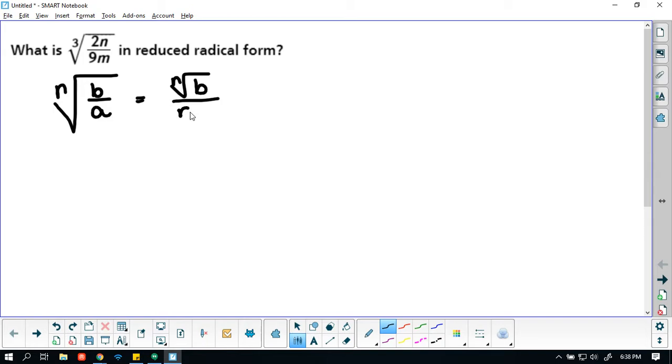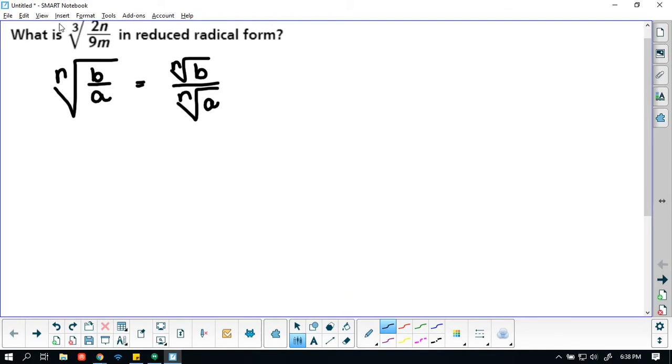We can expand this quotient of radicals into the nth root of A over the nth root of B. So now I'm going to use this property.